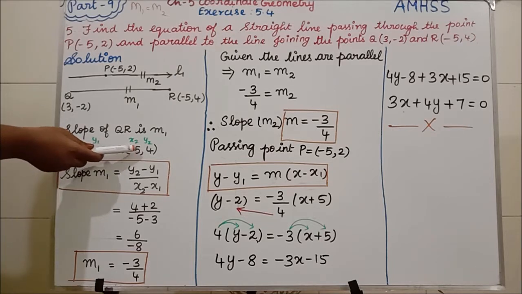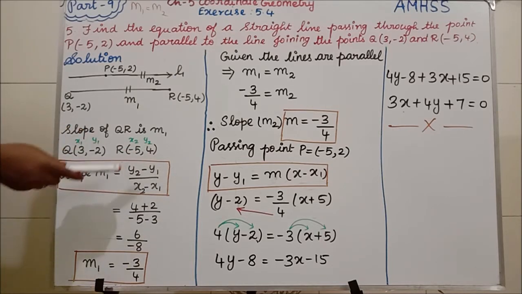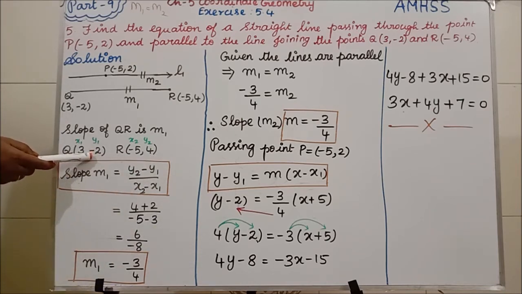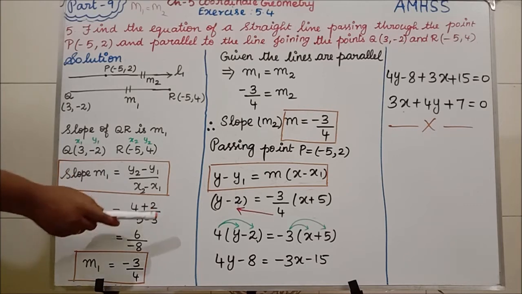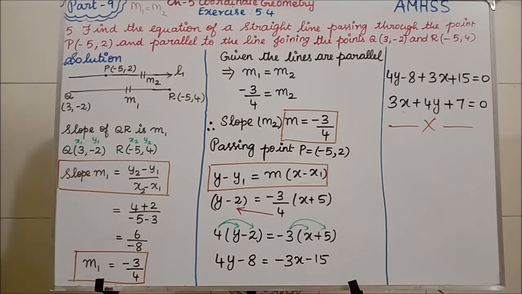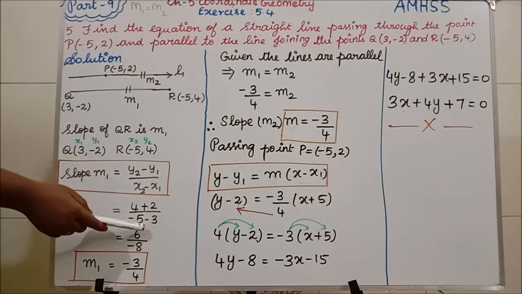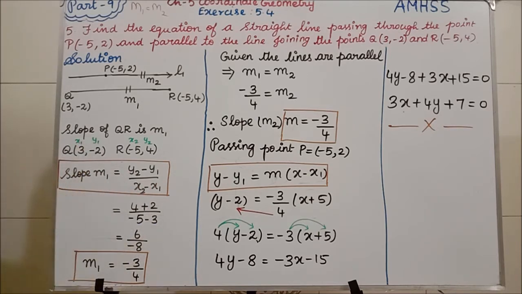x1, y1, x2, y2. What is our y2? 4. So 4 in the formula, minus y1, which is minus 2, so minus will become plus. So plus 2, divided by x2, which is minus 5, minus x1, which is 3. So minus 3. 4 plus 2 is 6.